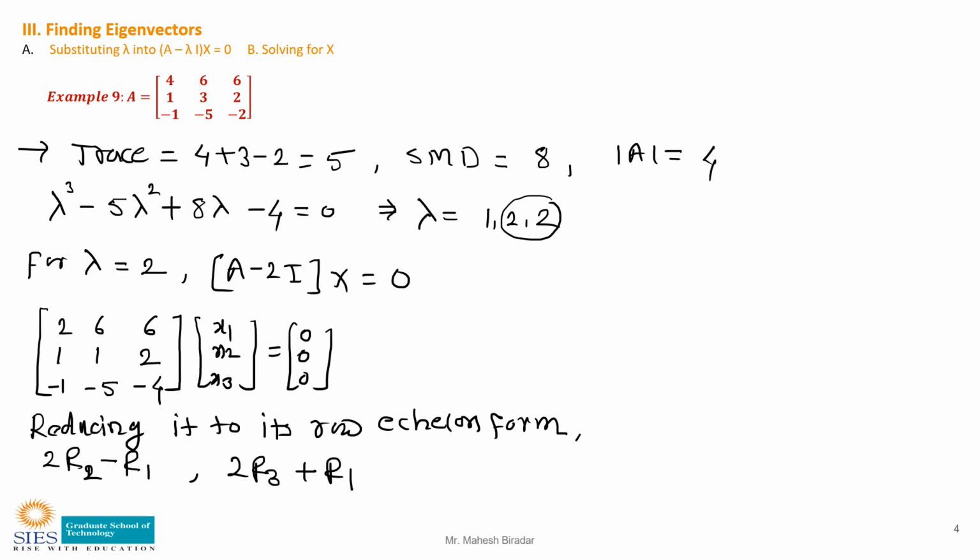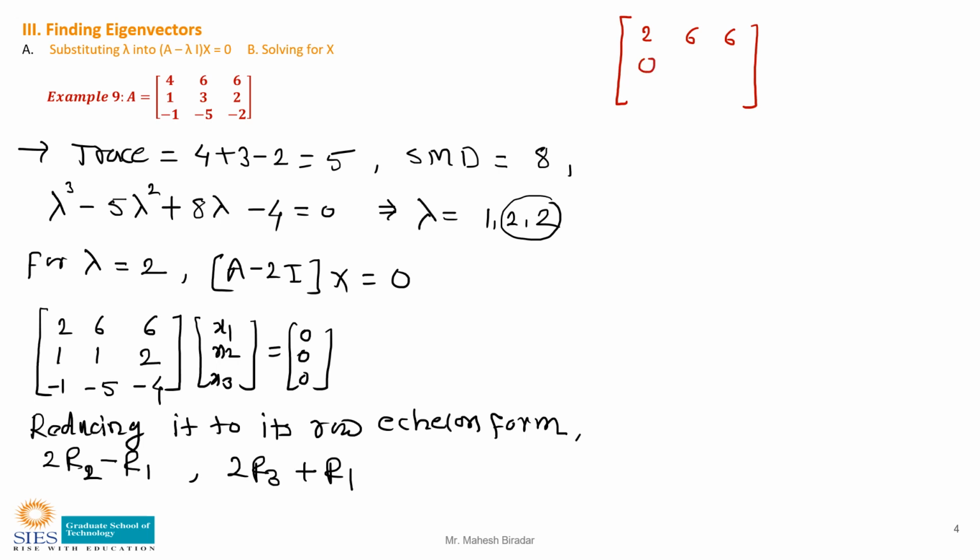If you apply these two transformations, your matrix equation becomes 2, 6, 6, and if you apply the transformation 2 times R2, 2 minus 2 will be 0 here.